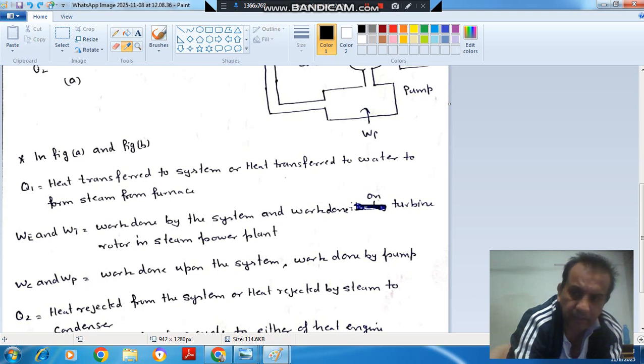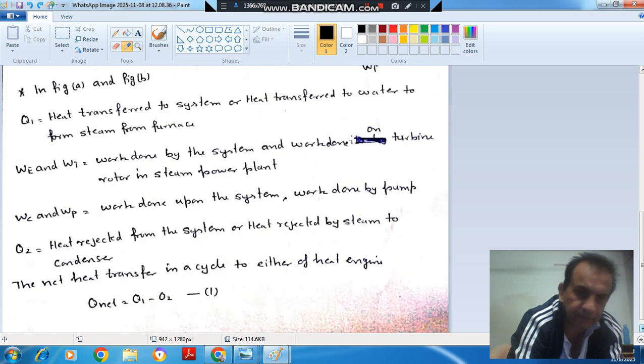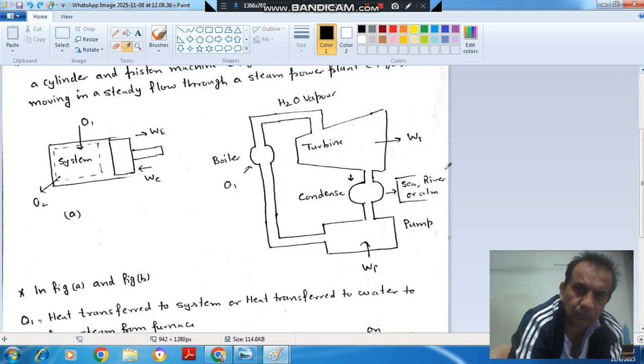Okay. And Q2 is heat rejected in the system or heat rejected by the steam to the condenser. This is Q2 here, this is Q1 here, this is WT. In the engine, this is Q1, this is Q2, this is WE, this is WC.